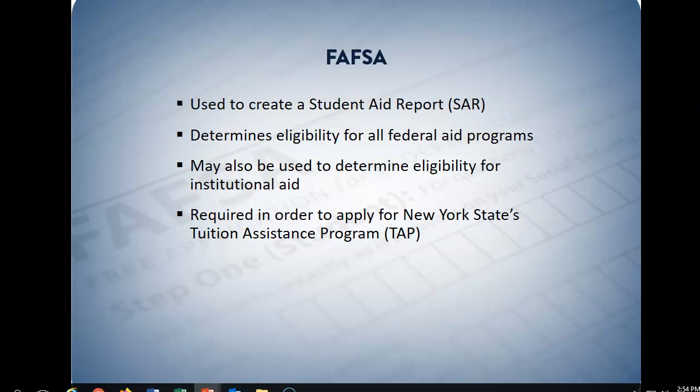It will determine eligibility for all federal aid programs, and as I said, also for institutional funding. And it is also the required first form for New York State's TAP program. You begin the process by completing the FAFSA, and then there are additional information pieces that are required for New York State based on your New York State net taxable income in 2020.